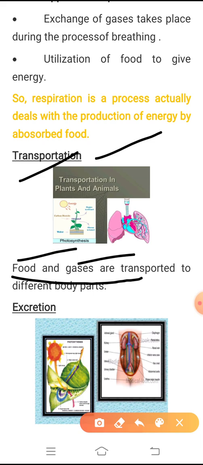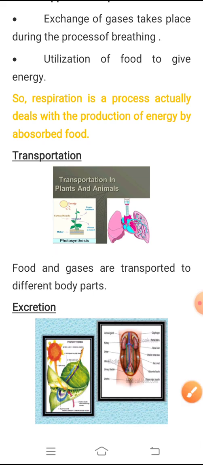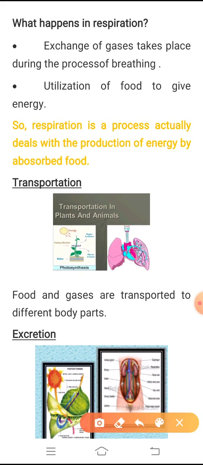So, in transportation, since every cell actually needs energy, there has to be some way by which energy is produced, or energy has to reach different parts of the body. So, in transportation, we basically talk about how the food and the gases are transported to different parts of the body.